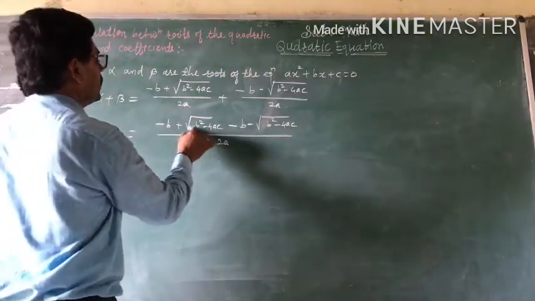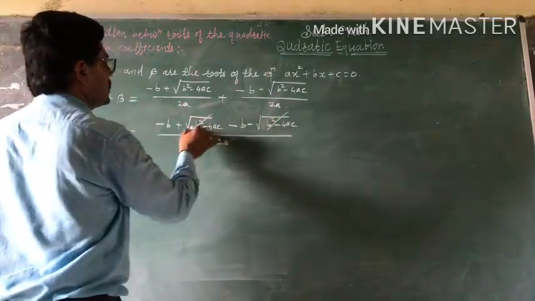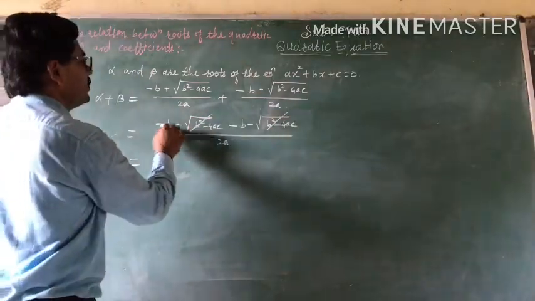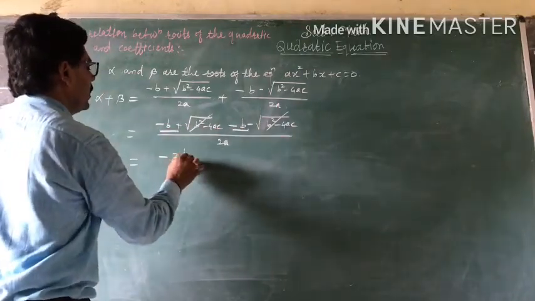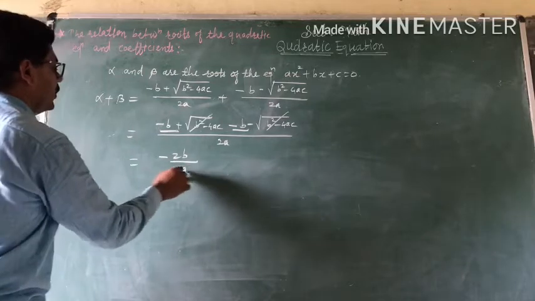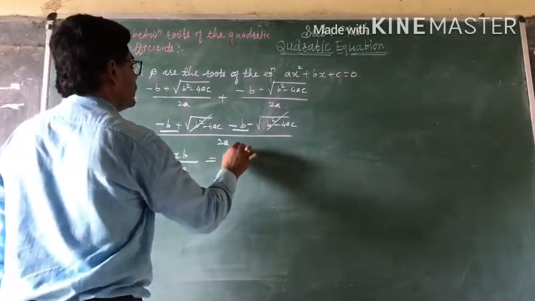Here +√(b² - 4ac) and -√(b² - 4ac) cancel to 0, and -b and -b give -2b, so -2b/2a, and this value is -b/a.